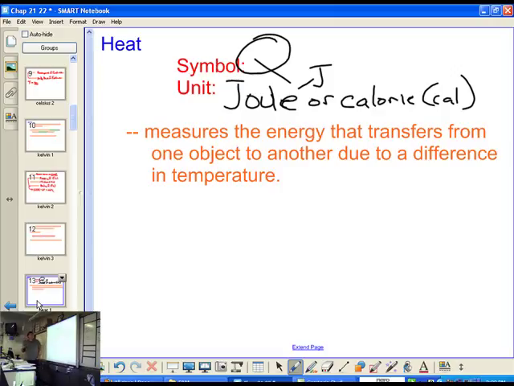Now, heat measures the energy that goes from one object to another due to a temperature difference. It's not the energy in you. If you put your hand on your table, what happens to your hand? It feels cold, because energy is leaving your hand into the table. Your hand is warmer than the table, so energy goes from your hot hand to the cold table. Heat is the energy that goes from one object to another because there is a temperature difference.